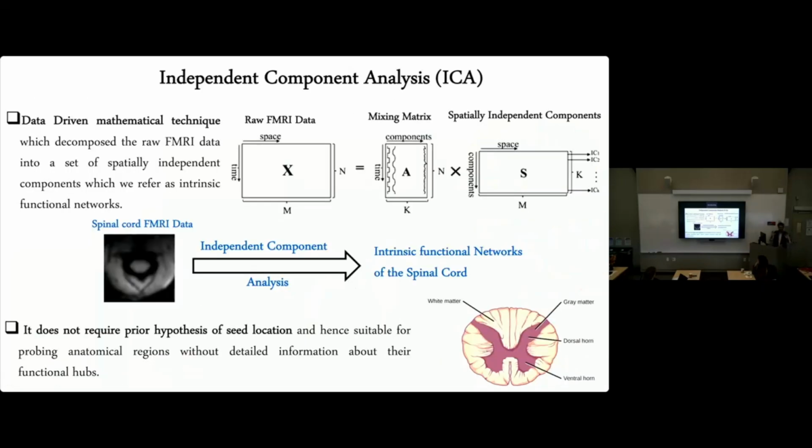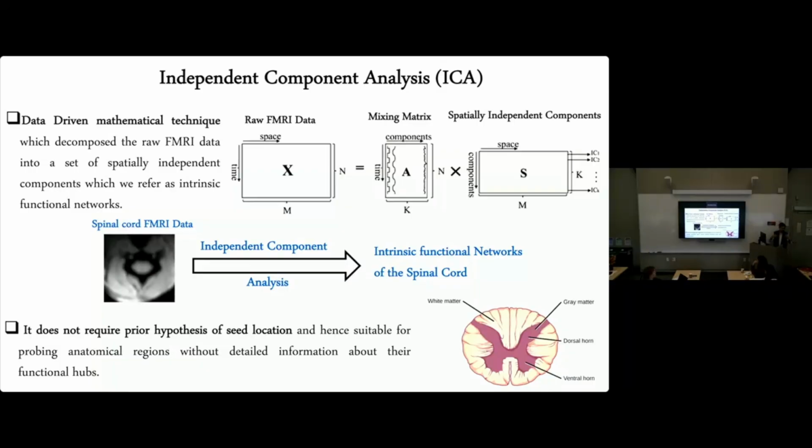So we used independent component analysis, which has been shown to be very effective in brain models before in humans. It is a data-driven technique that takes in the spinal cord fMRI data and gives us intrinsic functional networks in the spinal cord.